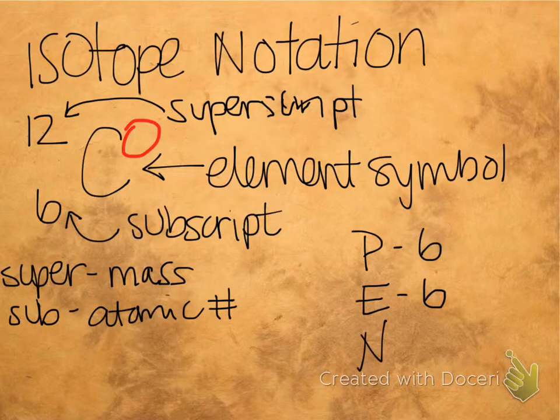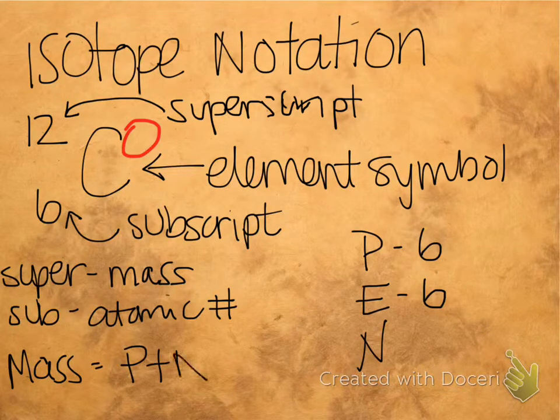Now to find the neutrons. The mass of any atom comes from the nucleus. If you recall, the two things in the nucleus are your protons and your neutrons. So if we add our protons to our neutrons, that gives us the atomic mass of that atom.